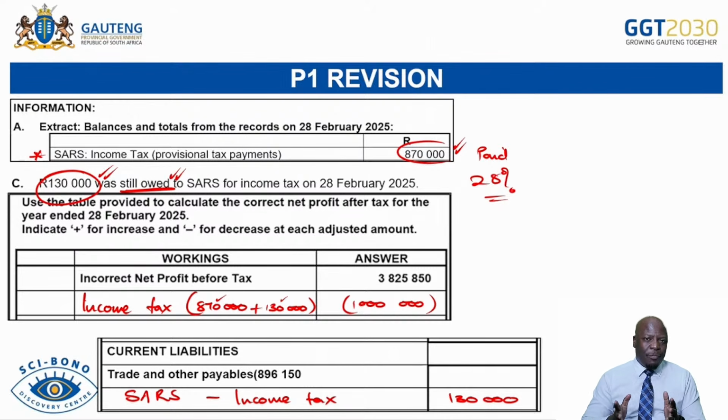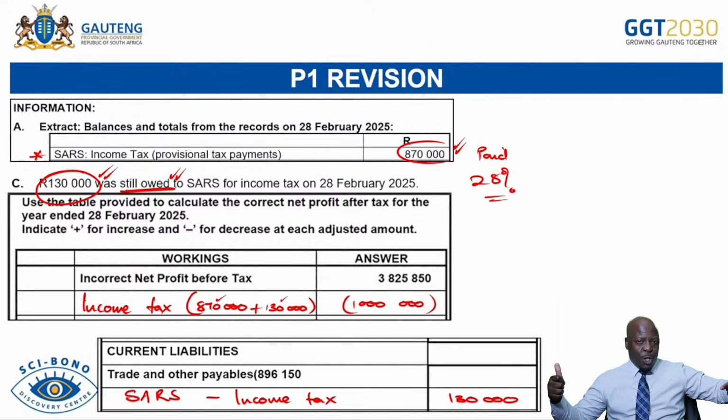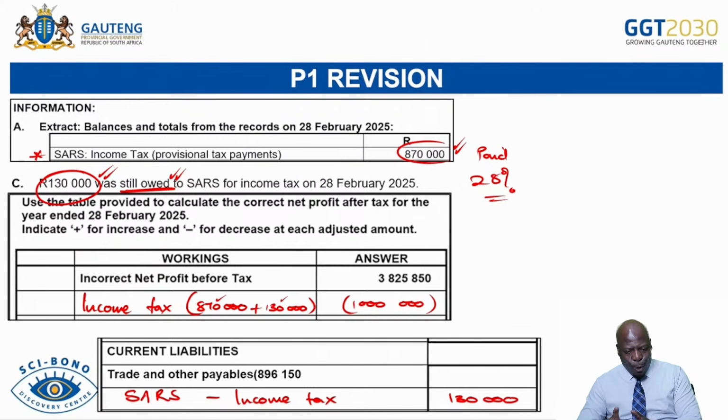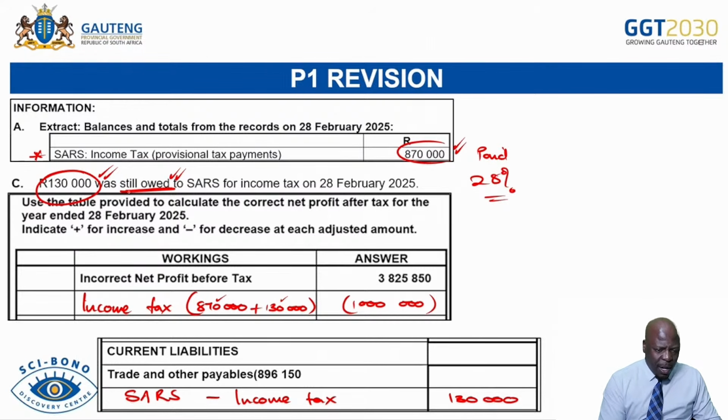I would advise you to expose yourself to several SARS income tax adjustments because it will affect both the statement of comprehensive income, the correct net profit calculation, and the statement of financial position. Either one, it will be affected. But once the amount is owed to SARS, it goes to trade and to current liabilities. The other way that the examiner would have changed this one was if 130,000 is receivable.